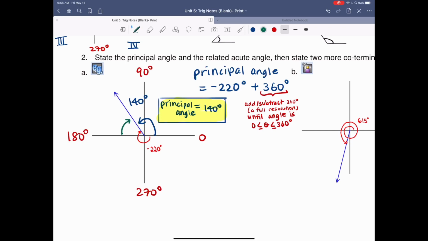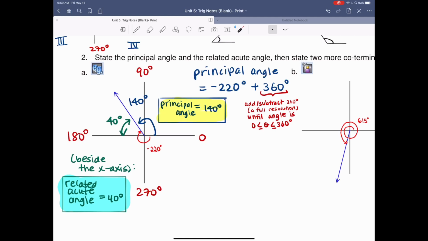You're going to do 180 minus 140 to get that related acute angle, and that's equal to 40. You're realizing that 140 plus 40 is equal to 180, so that part is 40 degrees. It's the part that is beside the x-axis. The related acute angle is equal to 40 degrees.